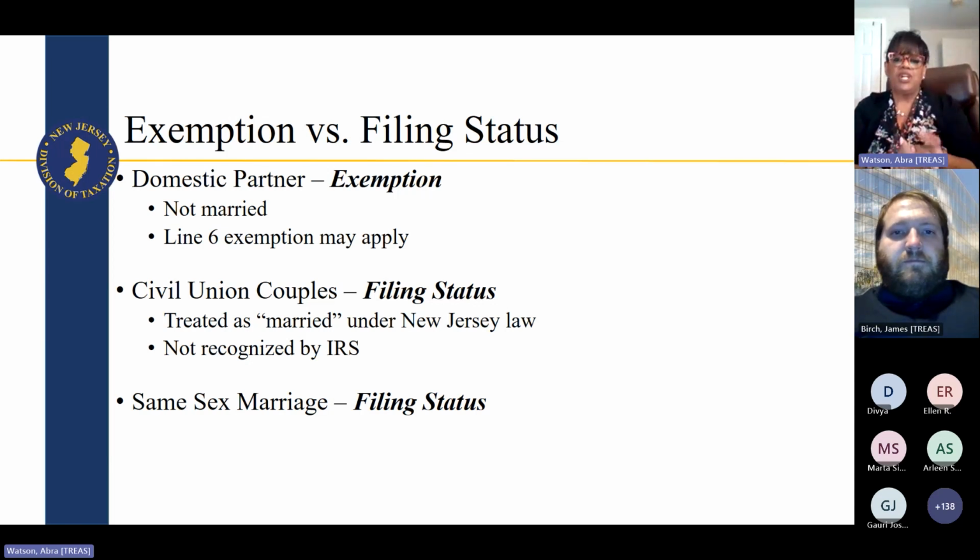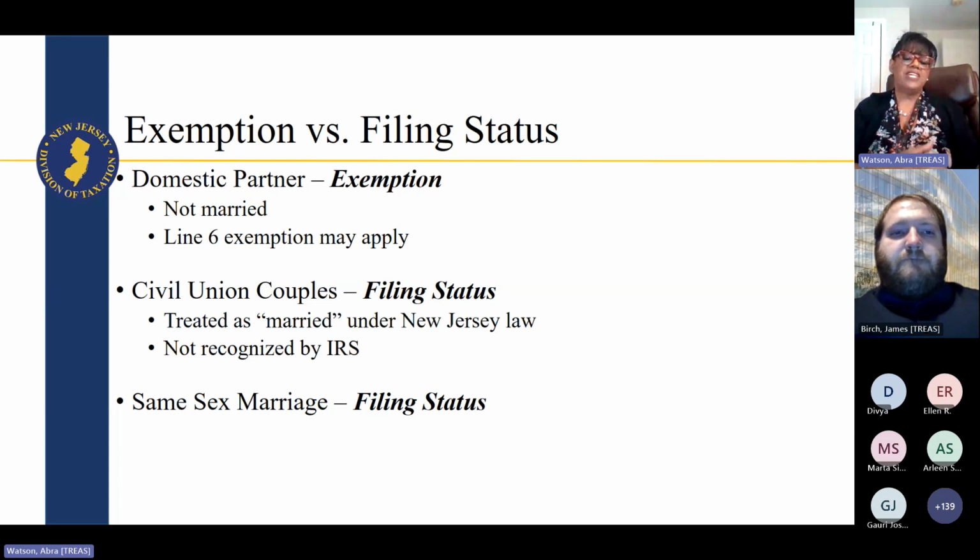The domestic partner is merely an exemption. It is not a filing status. Someone who has a domestic partner may be able to claim an exemption on the tax return for that domestic partner, as long as that domestic partner is not required to file a tax return because their income is too low, and as long as they met the guidelines to enter into that domestic partnership at the municipal level.